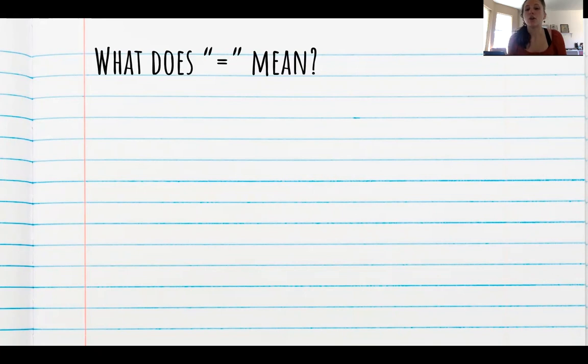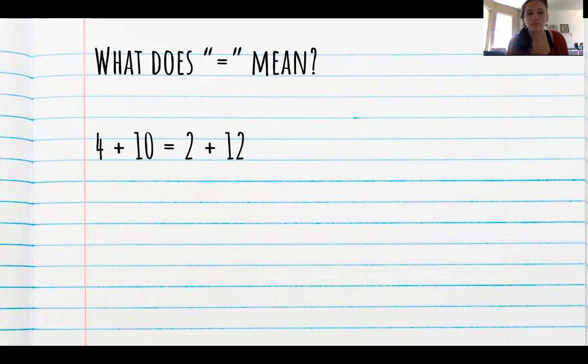Okay? So here I have my first problem. Bear with me. It's pretty tricky. Let's say I have 4 plus 10 equals 2 plus 12. Okay? Is that actually equal? Can I say that 4 plus 10 is the same as 2 plus 12? Okay?